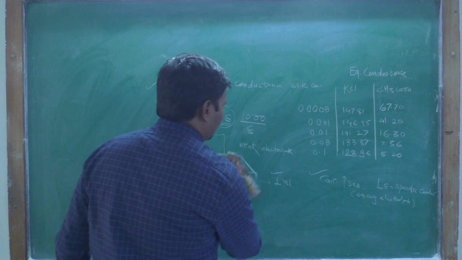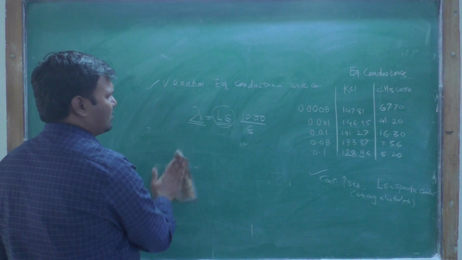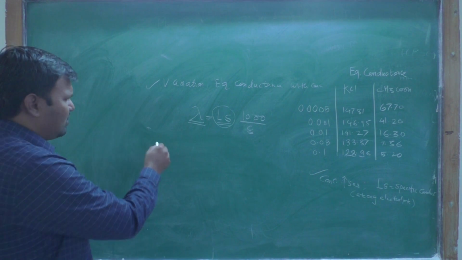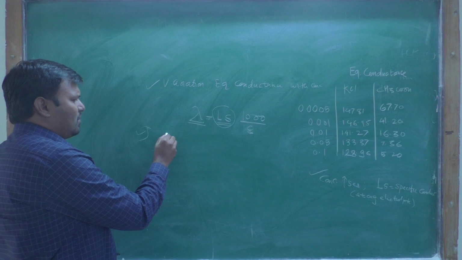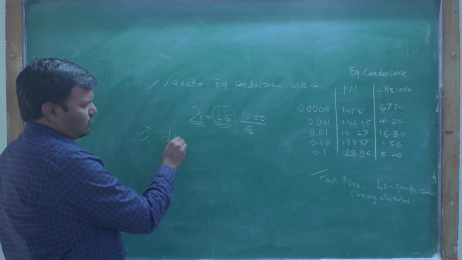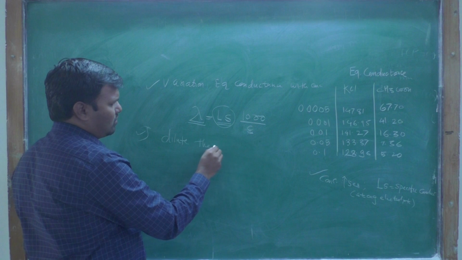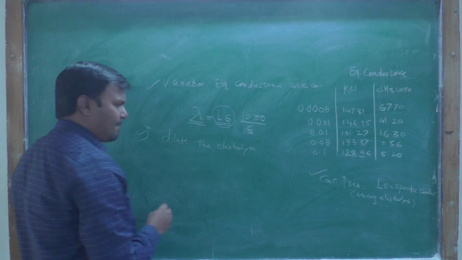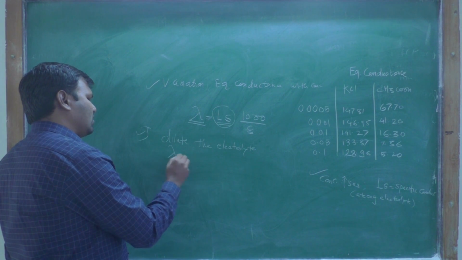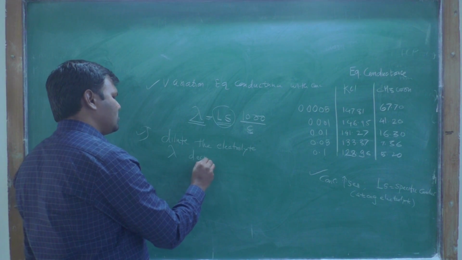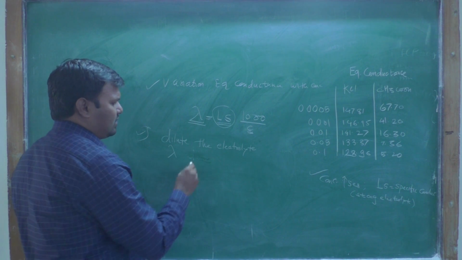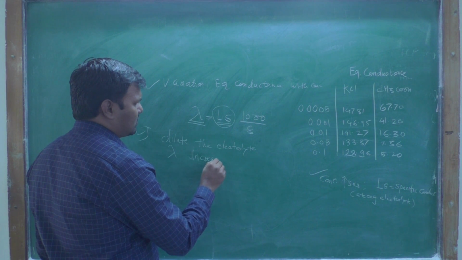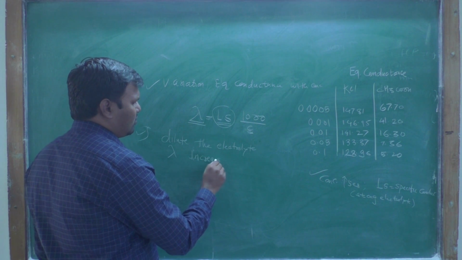Now this is all about the first thing we discussed, Ls, that is specific conductance. Now, as you dilute your electrolyte or your solution, your equivalent conductance increases.